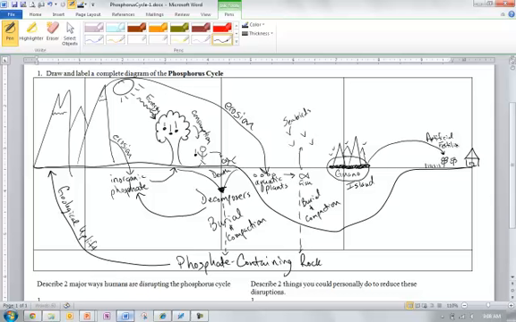This is mining that's occurring of the guano, taking it to a separate location and adding it as fertilizer. Some of that phosphorus, though, could be taken and put into your home for soap. Phosphorus is a component of the soap that you find in your homes.